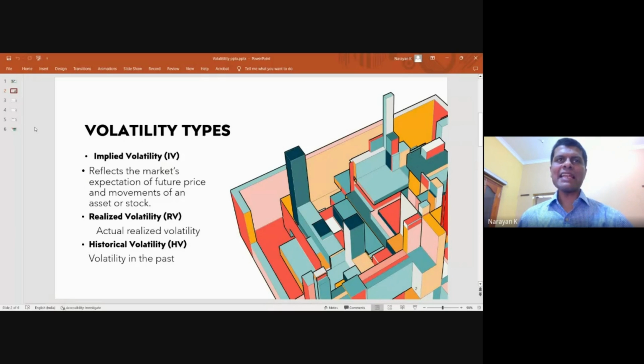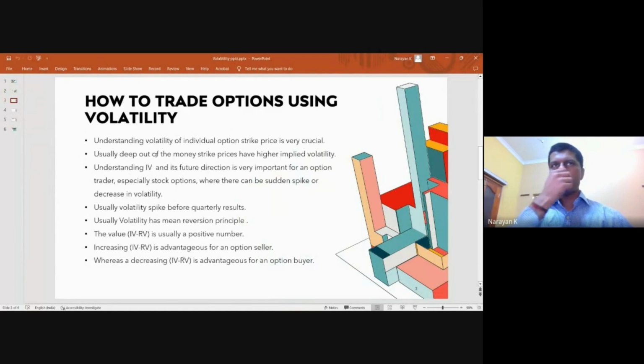Understanding these terminologies, implied volatility, realized volatility, historic volatility, is very important for an option trader, to take trades based on these data and interpretations. So how to trade options using volatility? Understanding volatility of individual strike prices is very crucial.